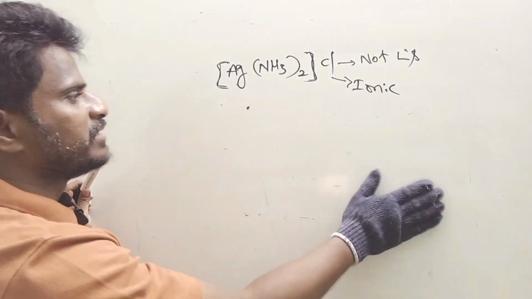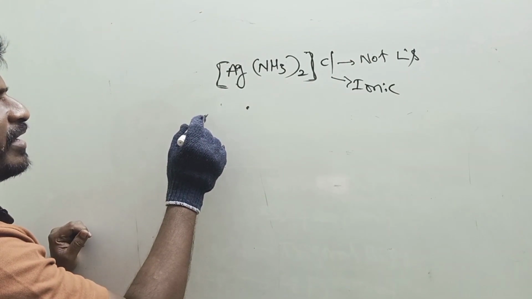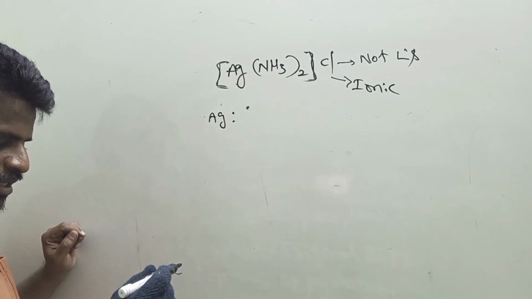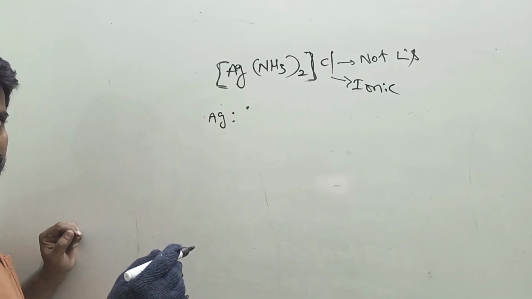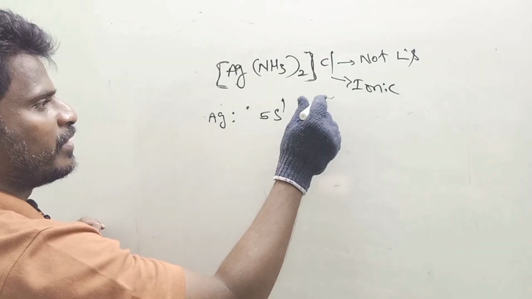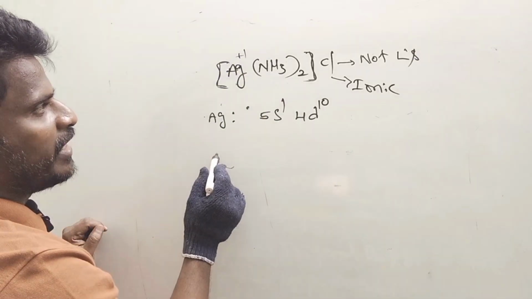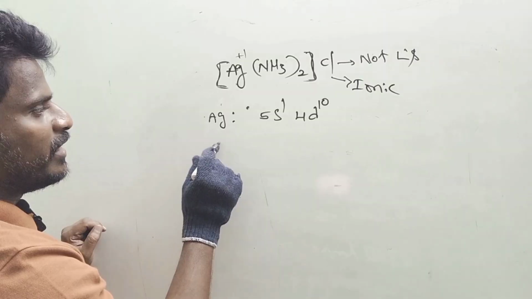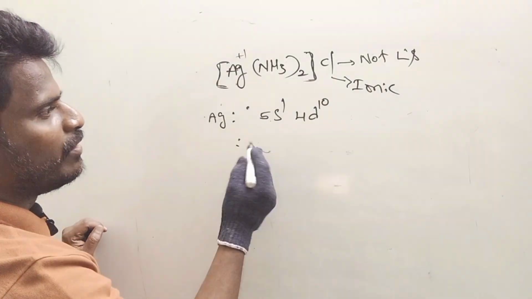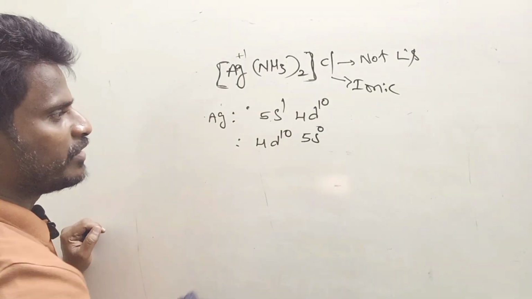And next, the hybridization of this complex compound. For hybridization, the silver valency electronic configuration is 5s1 4d10. It is in +1 oxidation state. It indicates that the electron in the s orbital will be lost, then it has 4d10 5s0 electronic configuration.